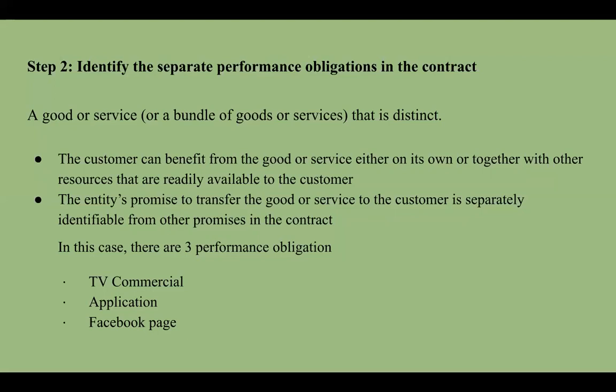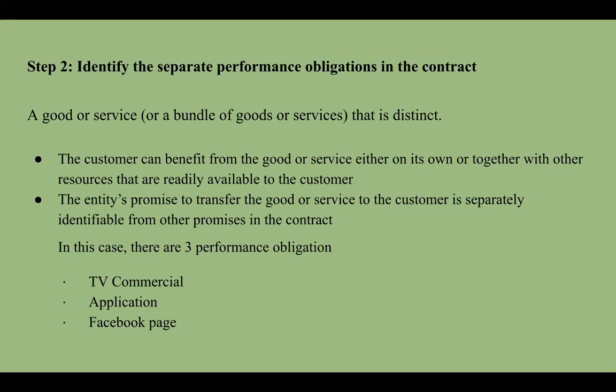The customer can benefit from the good or service on its own or together with other resources that are readily available to the customer. The second one is the promise to transfer the good or service to the customer is separately identifiable from other promises in the contract. This is the promise to transfer the good or service identified within the contract with the customer.